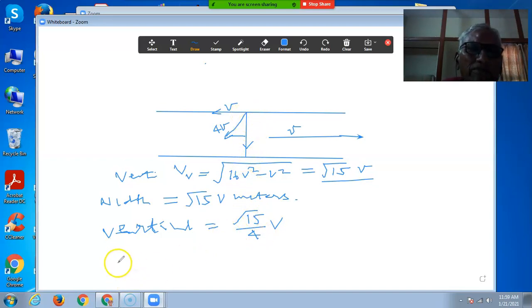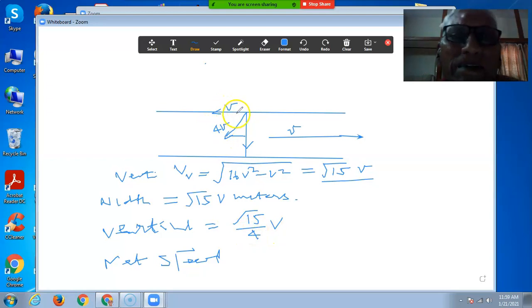The net speed of the boat now: we have to combine the vertical and the horizontal components. The horizontal component remains v, because that is how it takes the same path as it took in the first crossing, when the speed was unaffected.